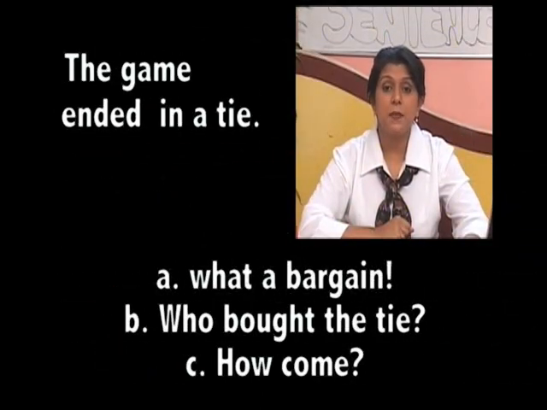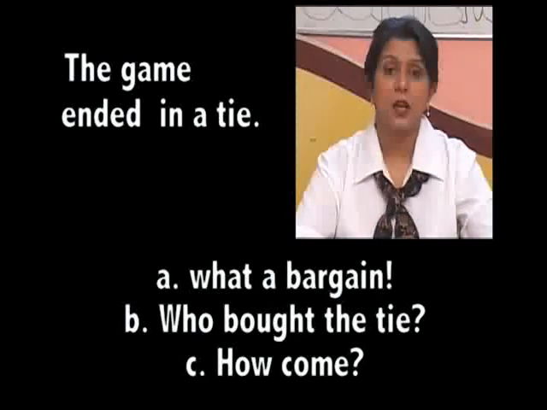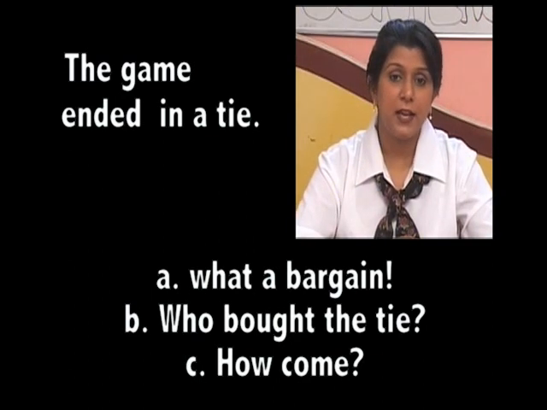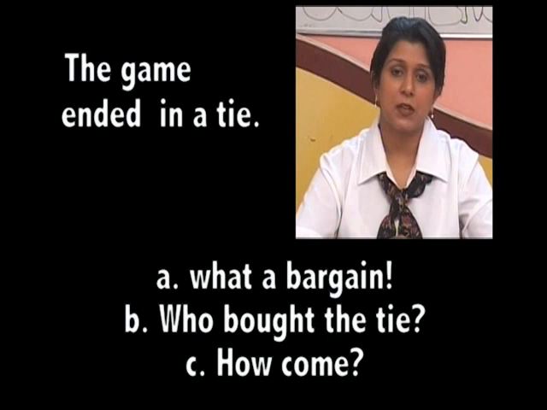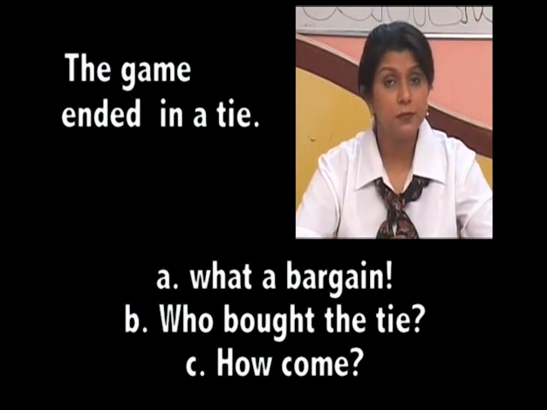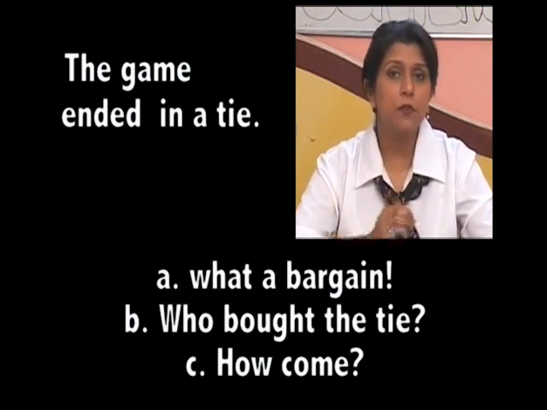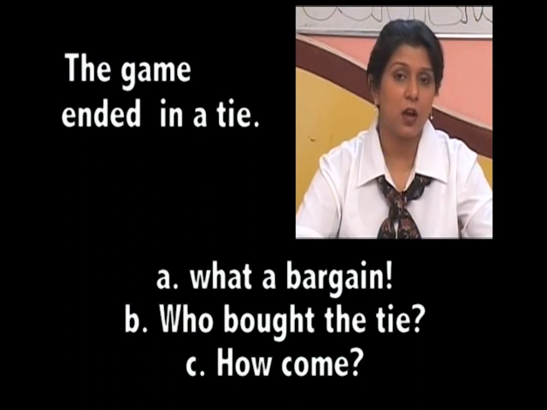Right. The next sentence is, the game ended in a tie. And your options are A. What a bargain. B. Who bought the tie? And C. How come? Now look very carefully at what your options are.